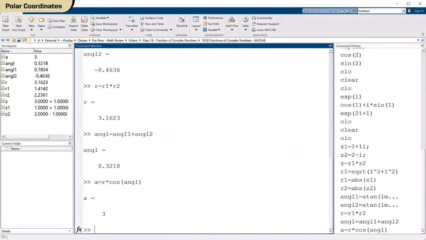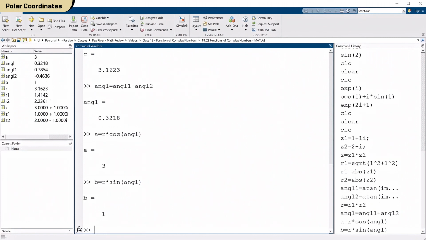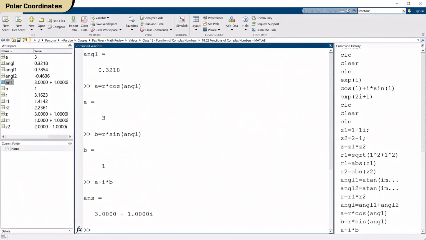Ooh, look at that, 3. b equals r times sine of angle, there we go, 1. Okay, so a plus i times b is 3 plus 1i, just what we had before, just what z was before, and you can see it right there. All right, so that totally worked.